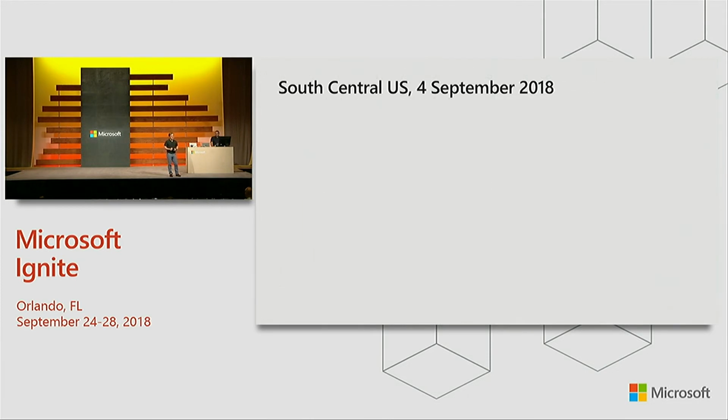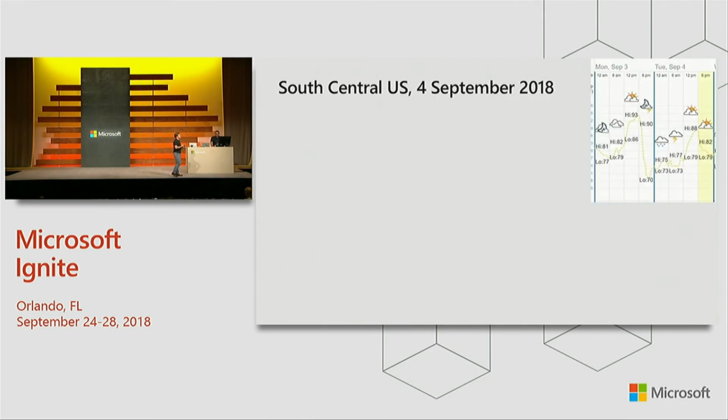Okay. Before we talk about availability zones, let's talk about some motivation. This is the weather forecast, September 3rd and 4th, from San Antonio. Okay? You can see they had four seasons in one day.